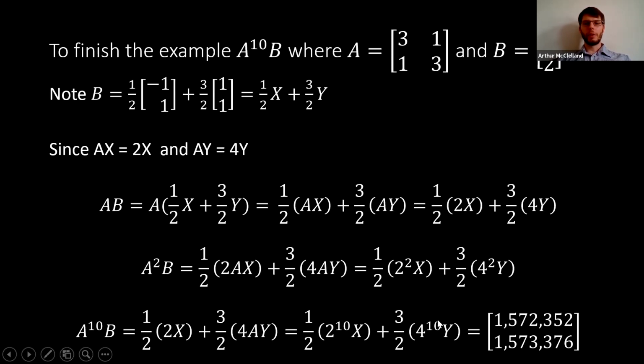We just put the 10th power in front of 2 and 4, 2 to the 10th and 4 to the 10th, and we get 1,572,352. That actual value is not important, but the important part is that we could solve this by having a linear superposition of the two eigenvectors.